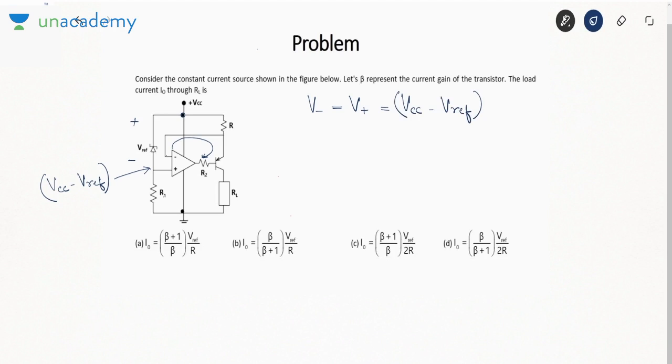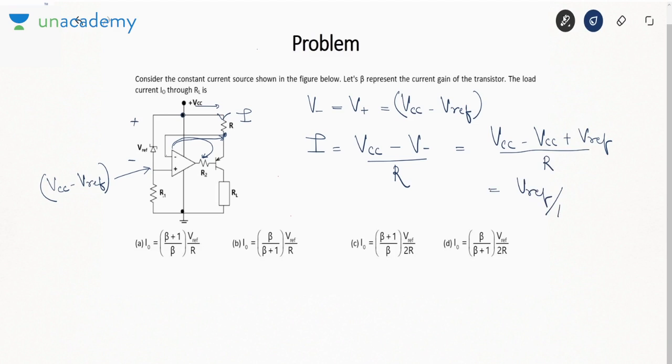Okay. Now this negative terminal voltage is directly connected to this point. So can I find the current I? I will be VCC, this upper voltage is VCC, minus V minus over R. V minus is VCC minus V reference, so it is V reference by R. Now we know that there is no current at the input terminal of the OPAMP, so this current I will become the ammeter current.